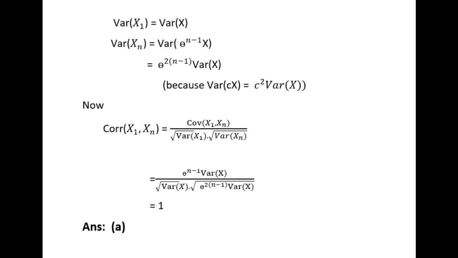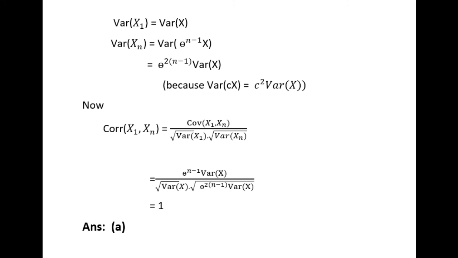Variance of x1 equal to variance of x, variance of xn equal to variance of theta to the power n minus 1 into x, which is equal to theta square to the power n minus 1 into variance of x1, because variance of cx is equal to c square into variance of x.